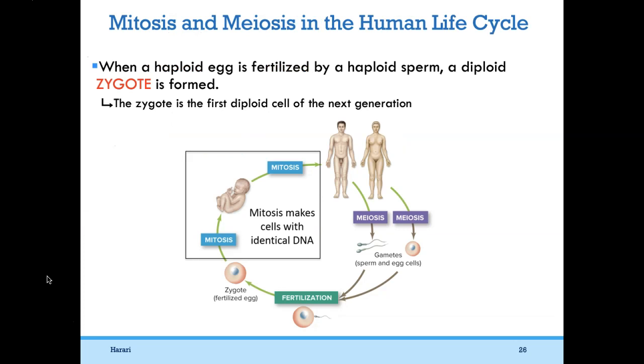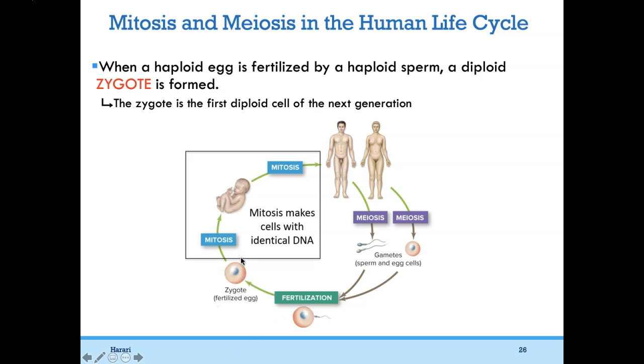So this brings us to meiosis, which is part of the human life cycle. When a haploid egg and a haploid sperm fertilize each other, we get the first cell. The fertilized egg is called the zygote.